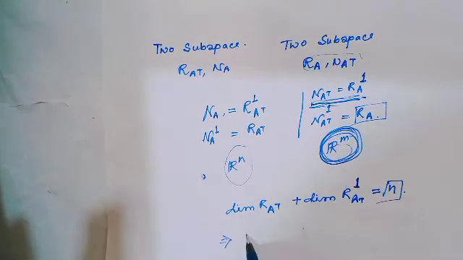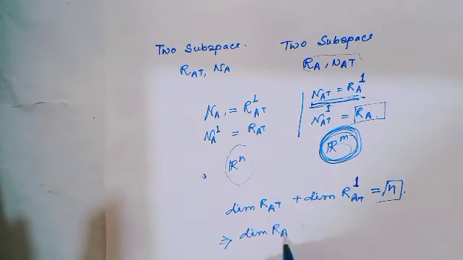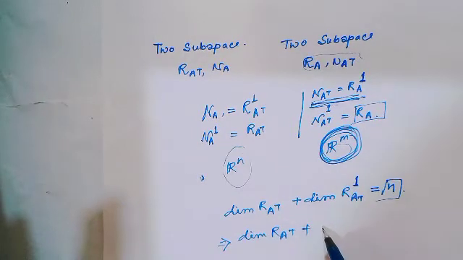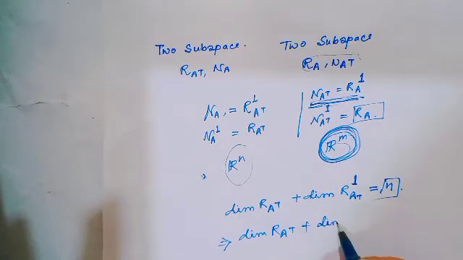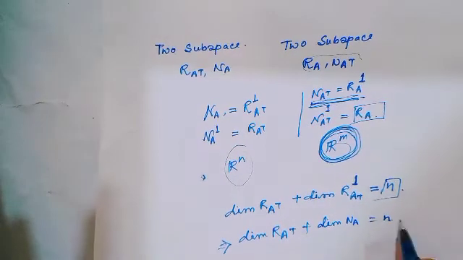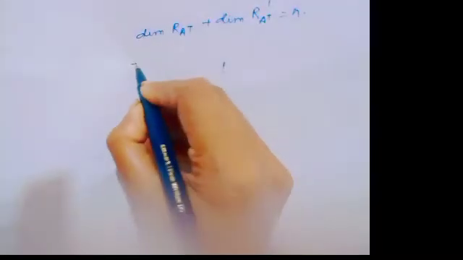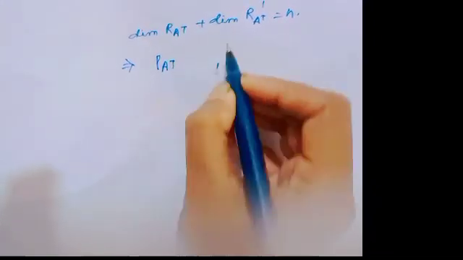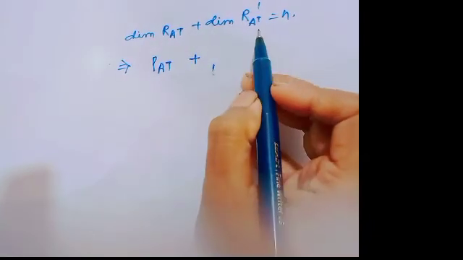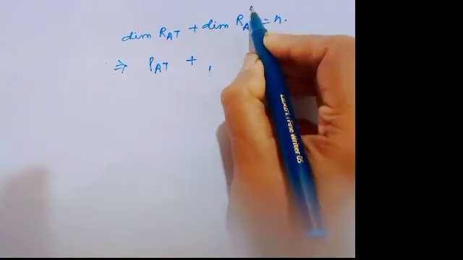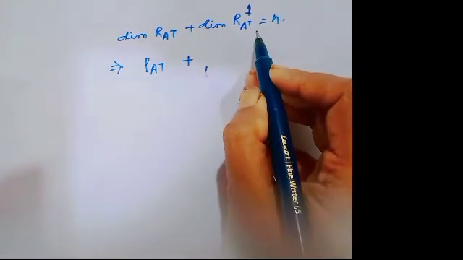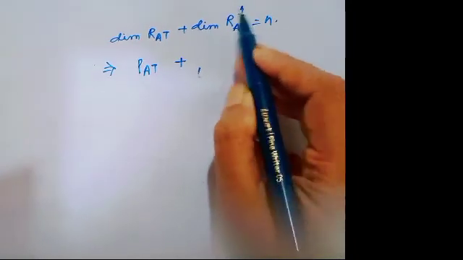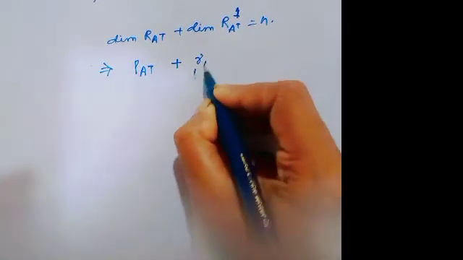The orthogonal complement of the range of A transpose is the null space of A, and the dimension of the null space is the nullity of A. The dimension of the range of A transpose is the rank of A transpose.